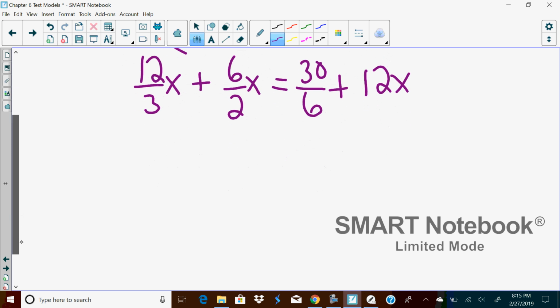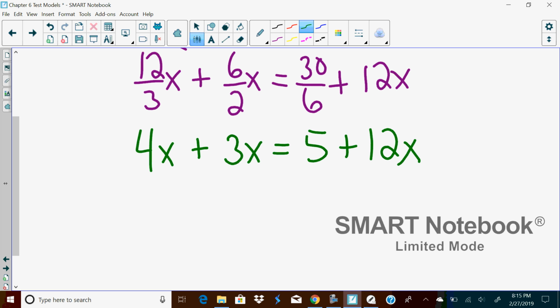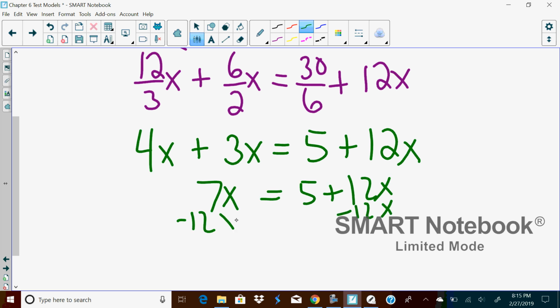So then I'm going to simplify. 12 divided by 3, I'm going to get 4x plus 3x equals 5 plus 12x. So 7x equals 5 plus 12x, minus 12x, minus 12x.